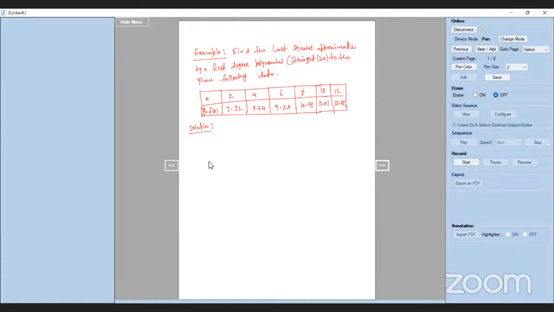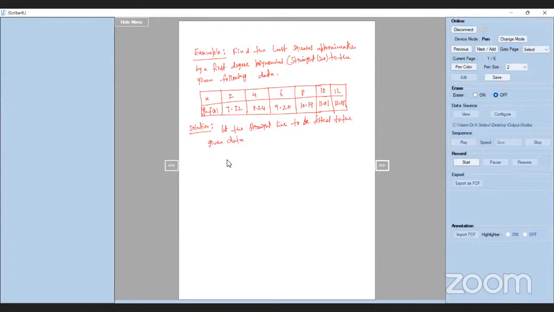So first, what will we do? First, we have to assume the polynomial or straight line. That is, let the straight line which is to be fitted to the given data.